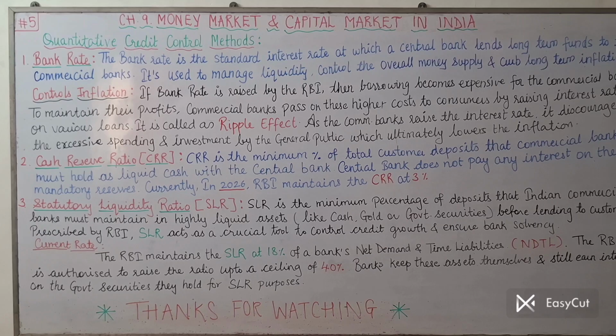So in today's lecture, we have seen the quantitative credit control methods. We have covered the bank rate, cash reserve ratio and SLR. The working of CRR and SLR is much the same as the bank rate. Whenever the RBI wants more money in the economy, it will reduce the CRR and the SLR.